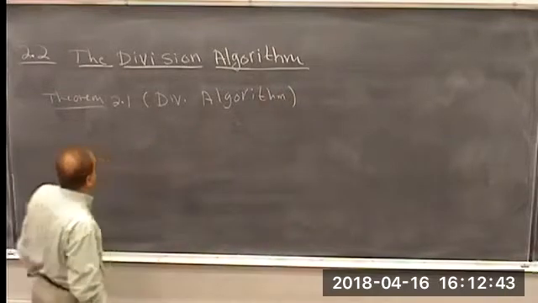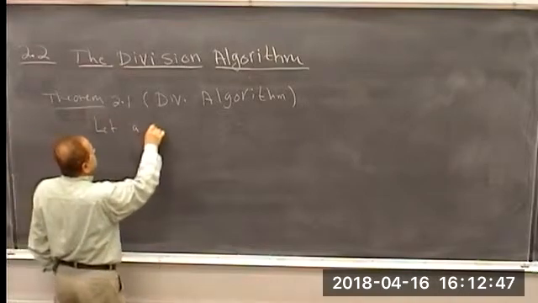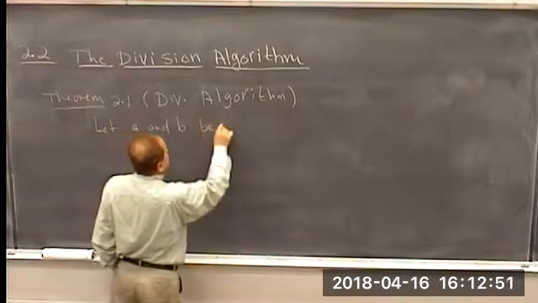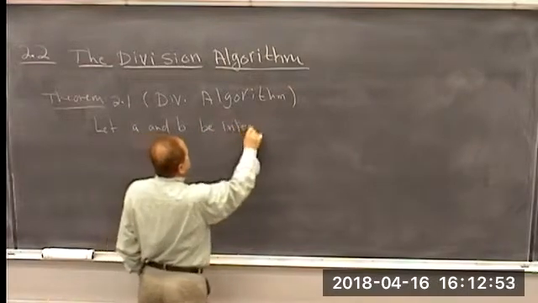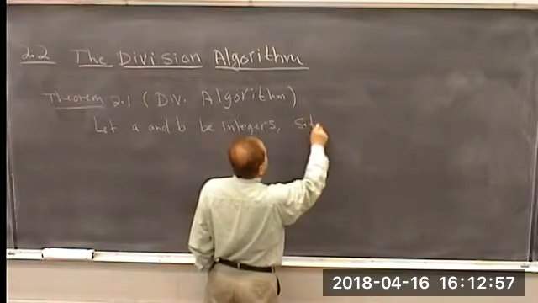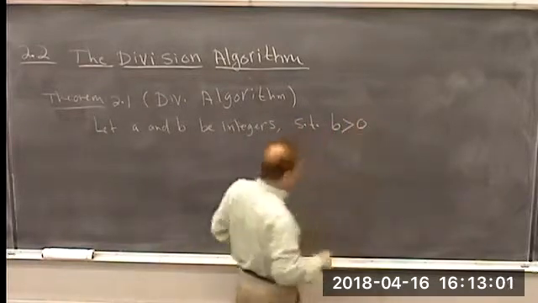State this: let A and B be integers such that B is bigger than 0.